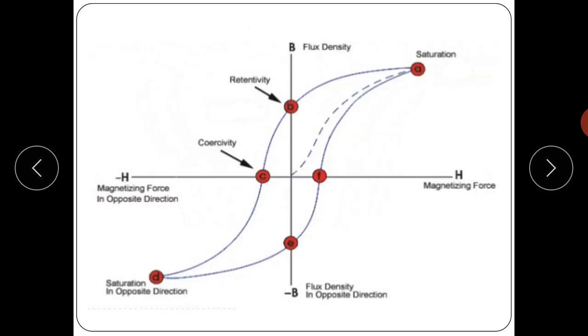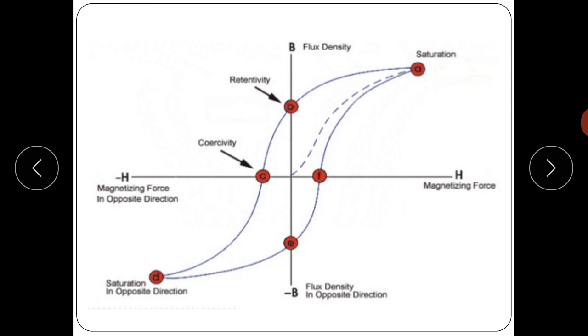The changes in flux density B are plotted against the magnetizing force H in the hysteresis loop, and this curve is called the magnetization curve.